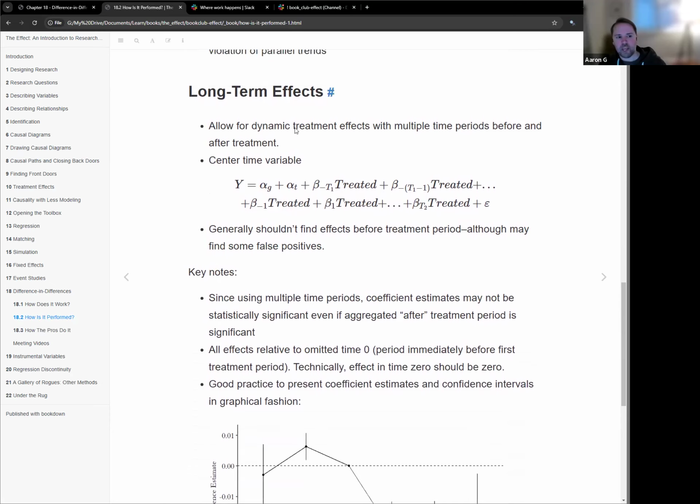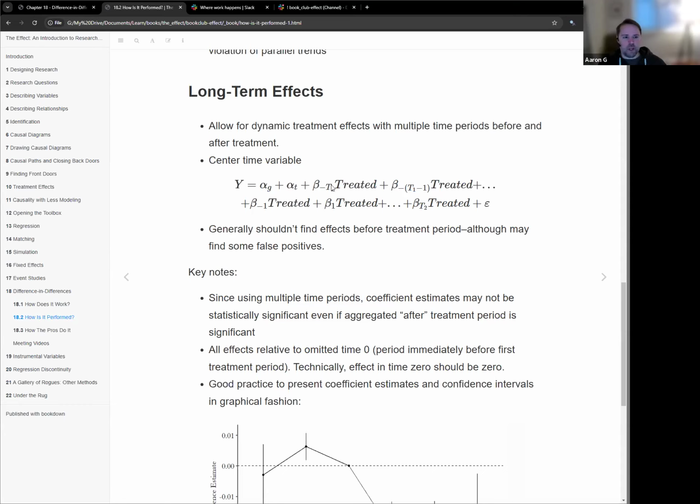In reality, we might want to get a little bit more sophisticated with our time variable and not necessarily just do pre-treatment and post-treatment. The reason we might want to do that is because sometimes effects don't take hold initially, right? It may take a while for the effect to really be significant, or the treatment effect maybe dissipates over time. And so one way we can do that is get more creative with our regression, where we'd still have fixed effects for group and time.